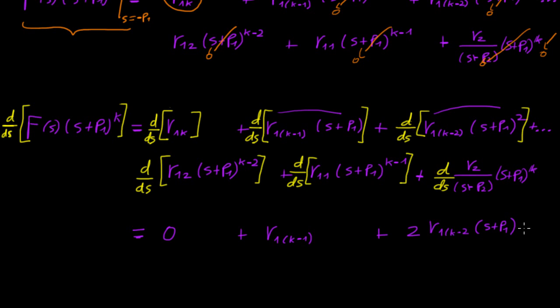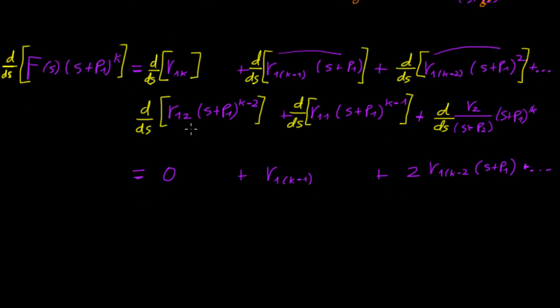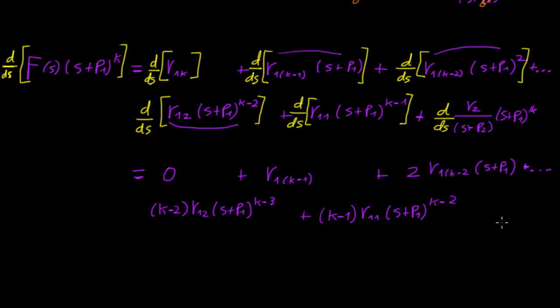The exponent decreases in 1 unit, plus the derivative of this term here is k minus 2 times r12 times s plus p1 to the k minus 3, plus again k minus 1 times r11 times s plus p1 to the k minus 2.